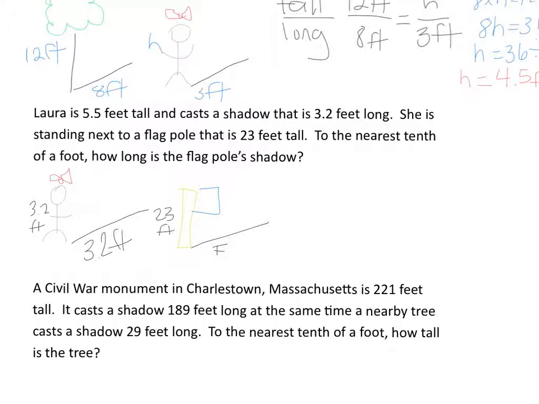So again, if we take a look at our units, we're talking about tall and long again. So when we write our proportion, we're comparing tall to the shadow's length. So we have Laura, who's 5.5 feet tall, with a shadow that is 3.2 feet long.